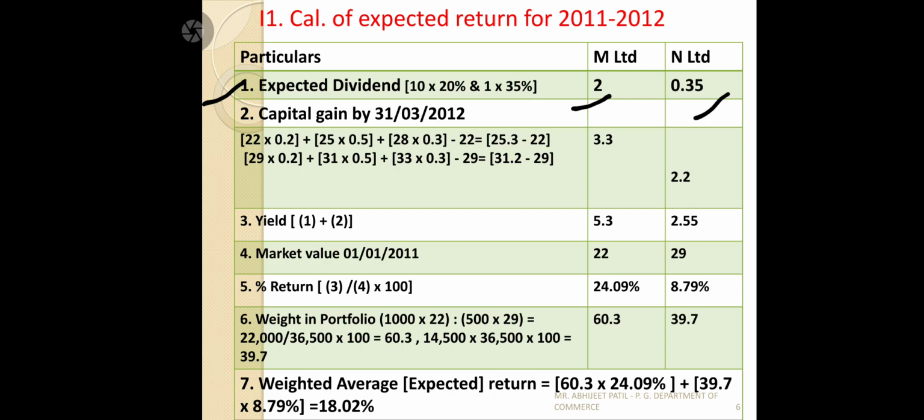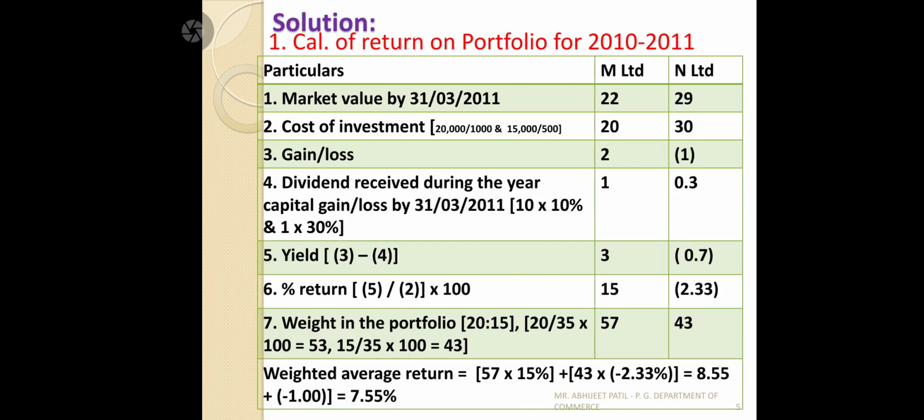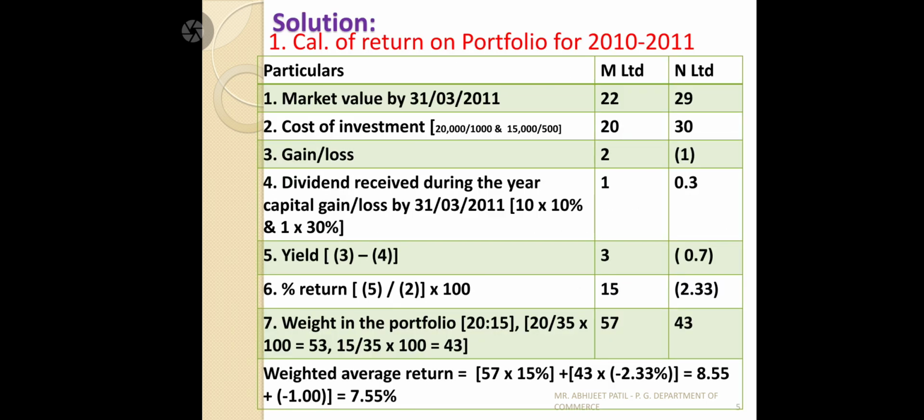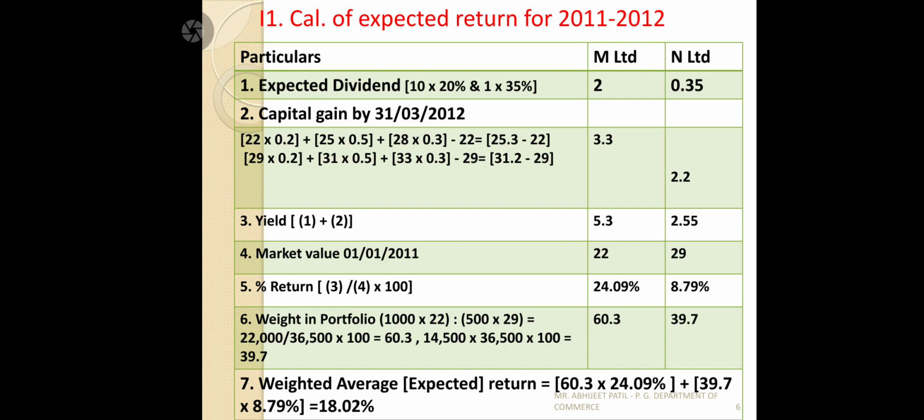Now we should find out capital gain, because here probability is given. So when probabilities are given, we should find out your capital gain as per the probabilities. We can see how the probability is given: 0.2, 0.5, 0.3, and prices 22, 25, 28, 29, 31 and 33. So with the help of that we should find out your expected rate of return.